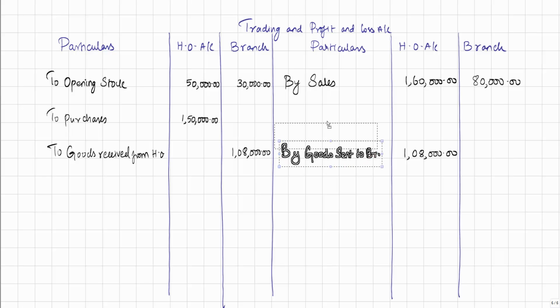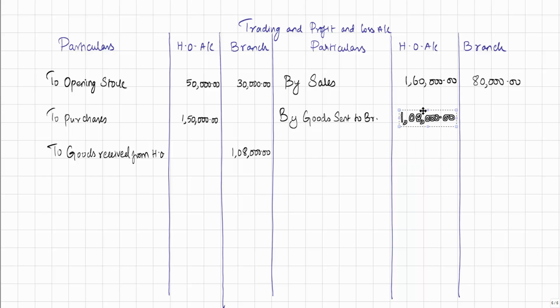Now just for some alignment purpose, let me transfer them over here. It means now we have to find out what is closing stock. We need the closing stock of head office, and we need the closing stock of branch. So let's have a working note 1, where we'll find out closing stock of head office.